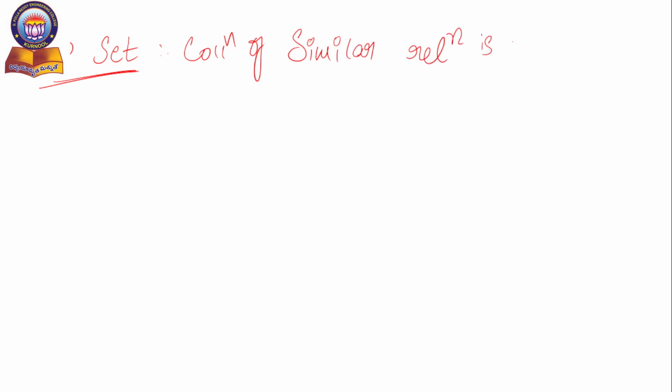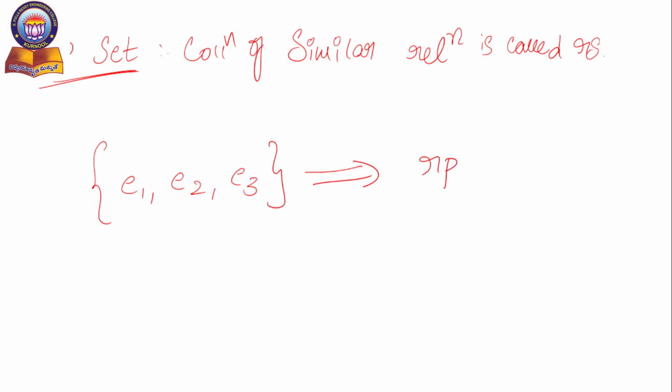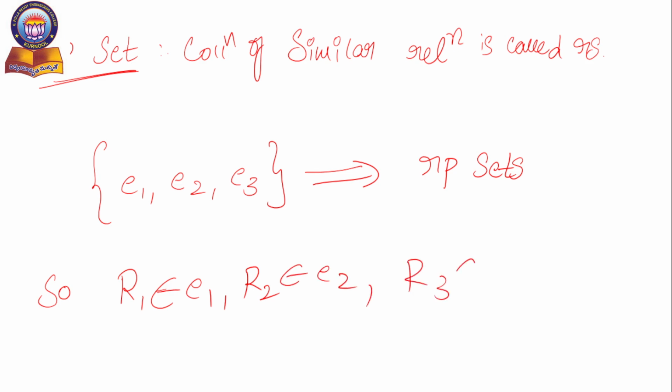For example, E1, E2, E3 are entity sets. For example, R1 belongs to E1, R2 belongs to E2, R3 belongs to E3. This is called the relationship set.